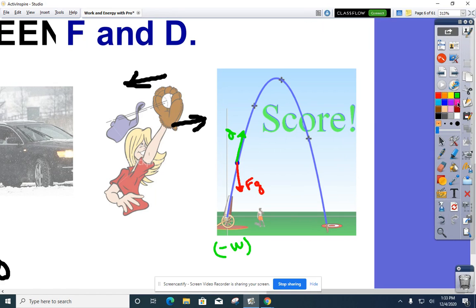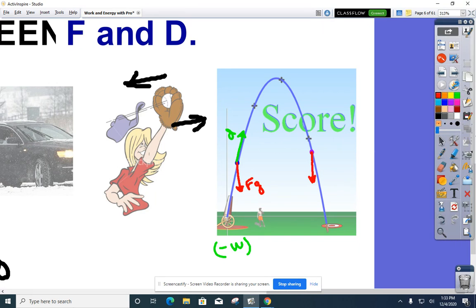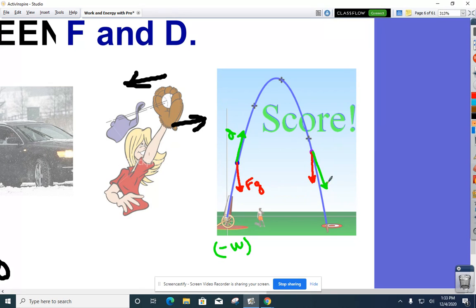Now, the converse is true over here. When I look on this side, I see that the force of gravity is now more aligned and in the same direction as the way that this object is moving instantaneously at that point. So now the Earth is doing positive work on that projectile.